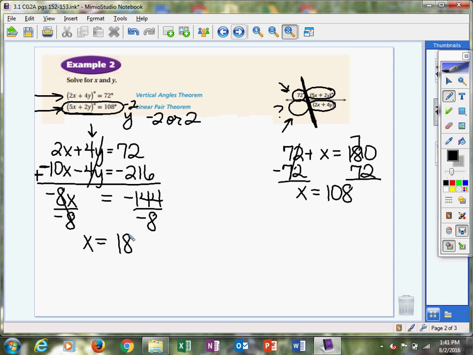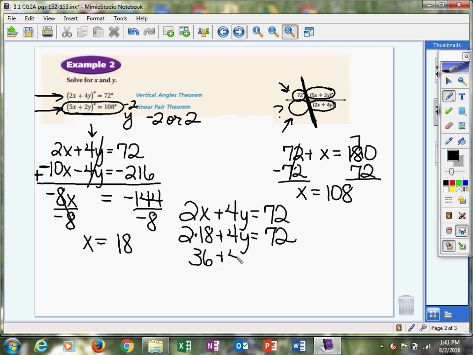So once you have x, you can easily find y. I'm just going to pick one of the other equations. I think I'm just going to go back with the top one. It's got some lower numbers in it. That works for me. I'm going to plug in my x. I'm going to do 2 times 18 plus 4y equals 72. 2 times 18 is 36. Okay. Take away 36 from each side.